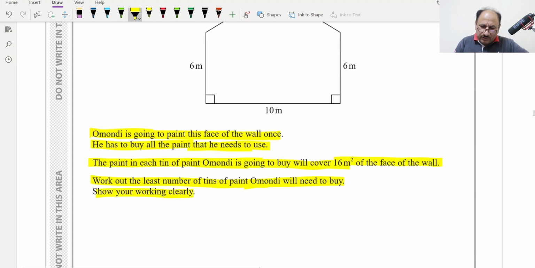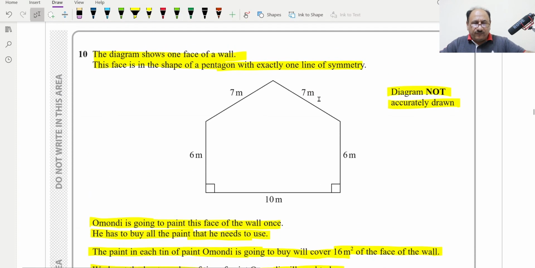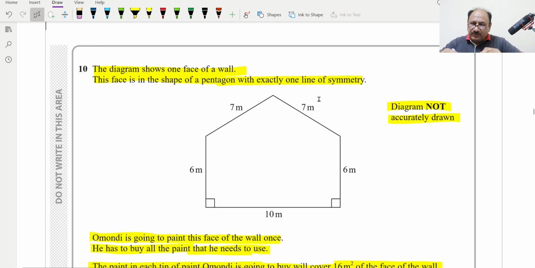Show your working clearly. So first of all, we will be finding this area. For finding the area, we have to split this shape into two portions. So we can draw this line over here, and we can draw a line over here as well.